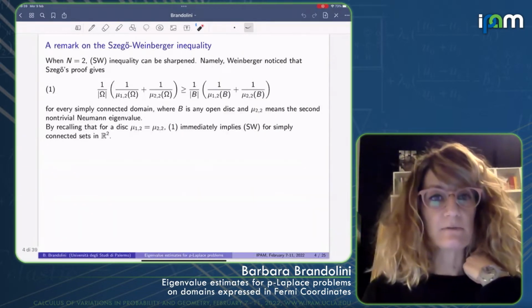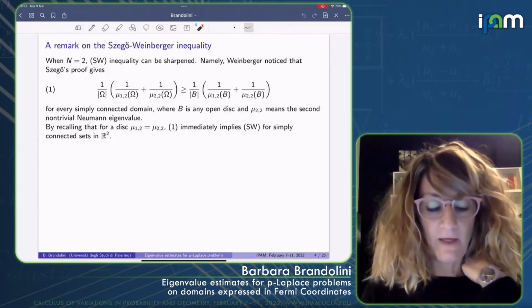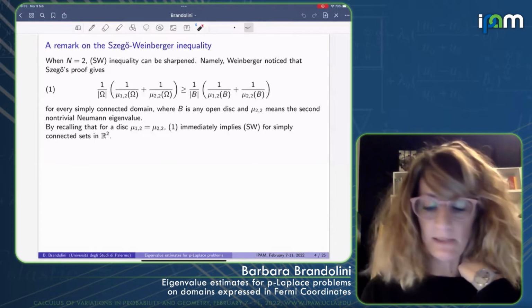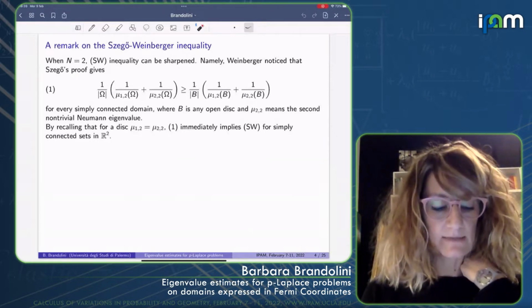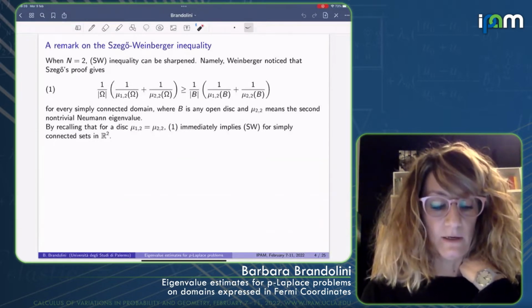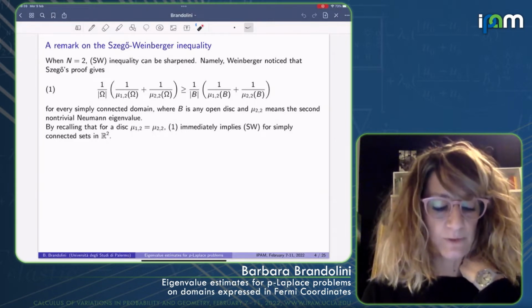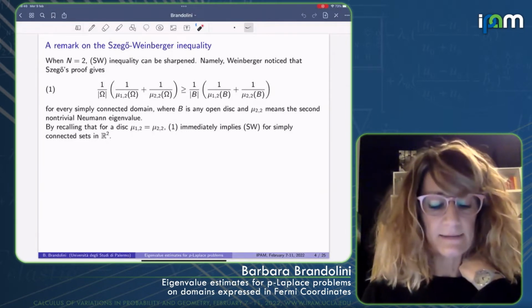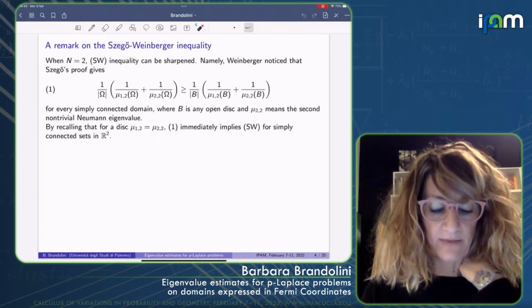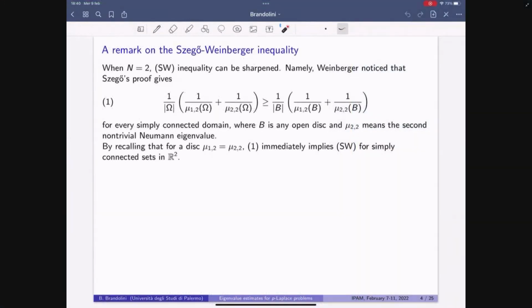Just a few remarks on this celebrated inequality. The first one is that actually Weinberger noticed that in the proof in the paper by Szegő, the author proves more. Indeed, he proved that the sum of the reciprocals of the first two non-trivial Neumann eigenvalues of the Laplacian is minimal on balls.